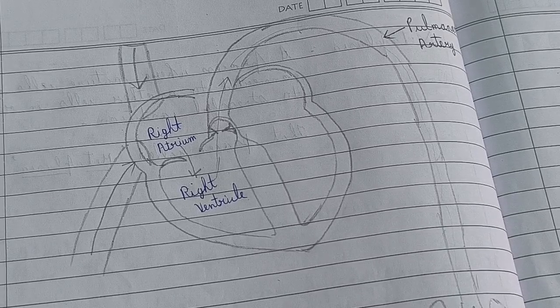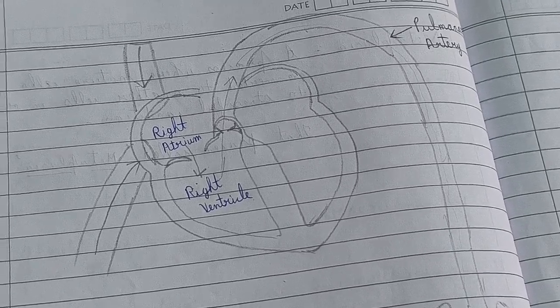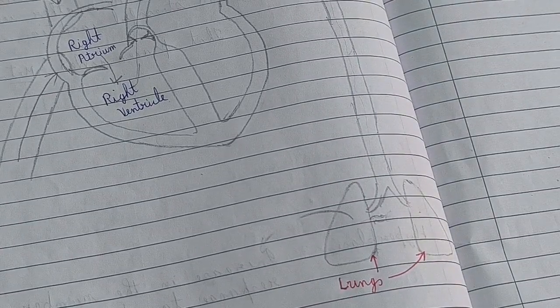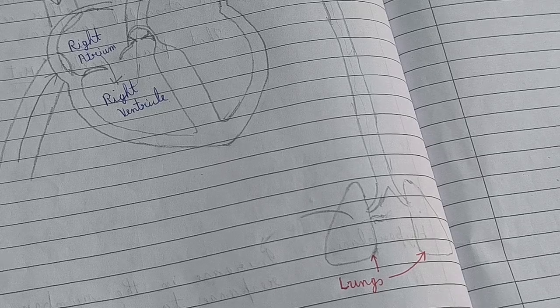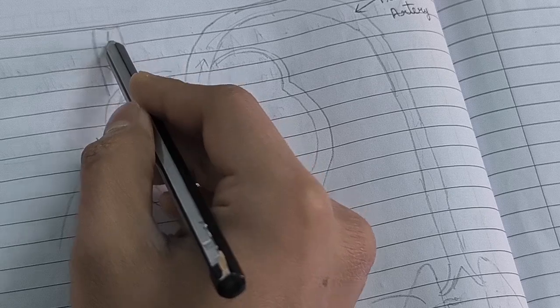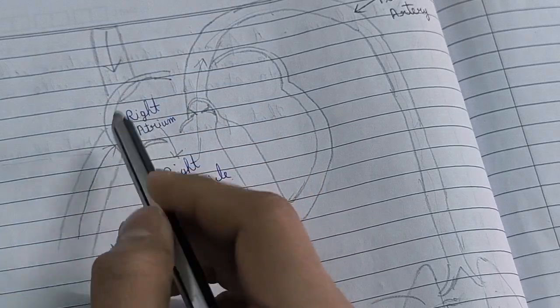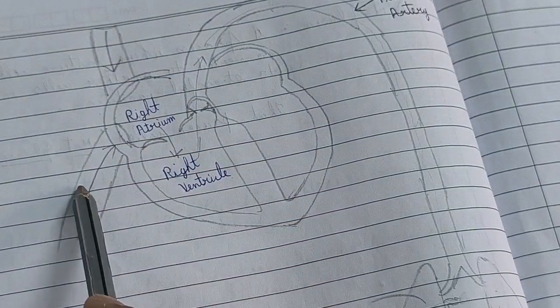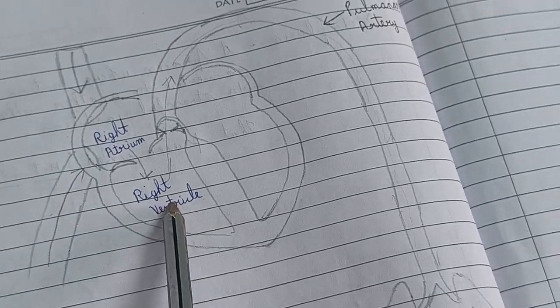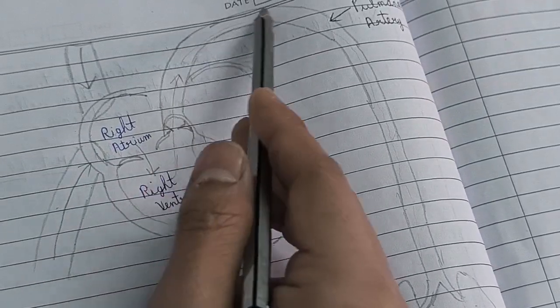Now in case of chronic bronchitis, what happens? As you already know, in chronic bronchitis the lumen of the airways of the lungs is blocked, narrowed or obstructed. Why obstructed? Due to excess mucus production. In chronic bronchitis also, deoxygenated blood comes into the right atrium from both the superior and inferior vena cava, then goes into the right ventricle, and from the right ventricle into the pulmonary artery.